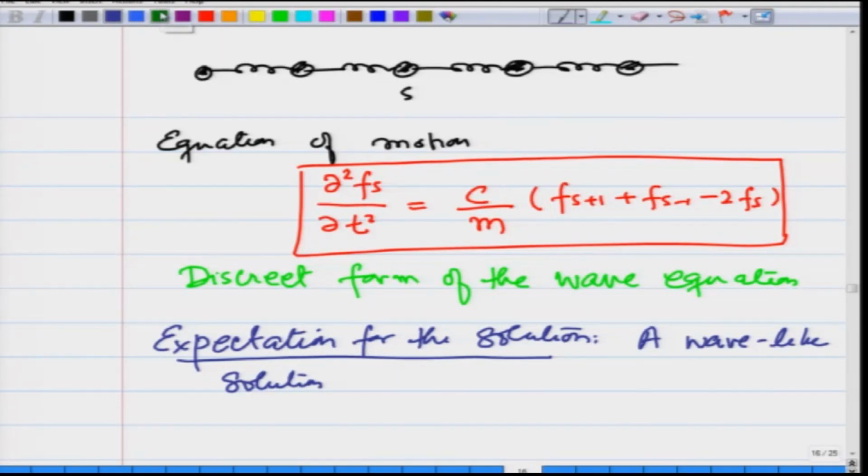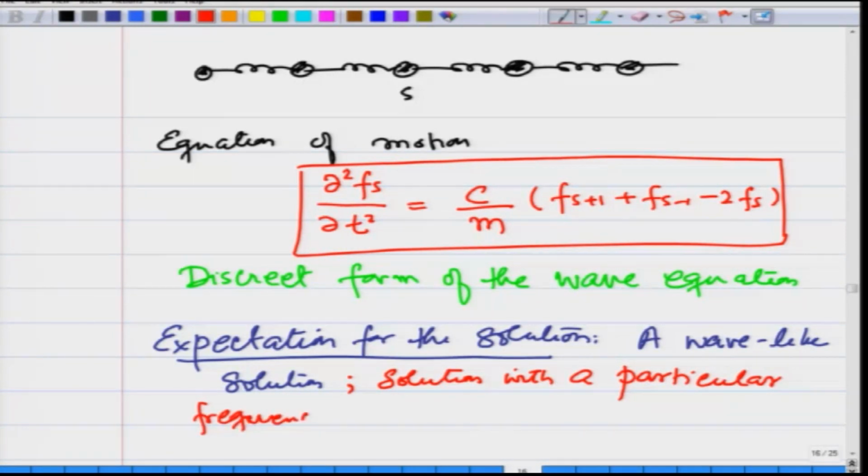In particular, if I am looking for a solution with a particular frequency, it should be like sine omega t minus kx, except that x is not continuous anymore, right.